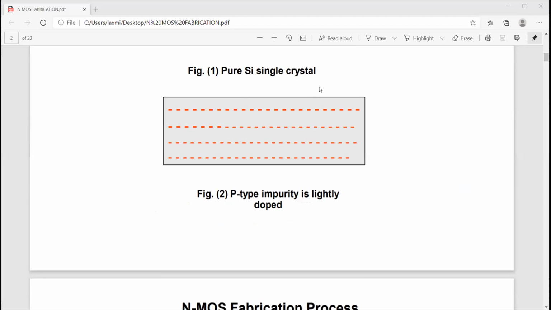Group III elements, with which we are doping here. If we dope more and more, the majority of holes is higher, and the material is called p-type. If electrons are more, the material is called n-type.